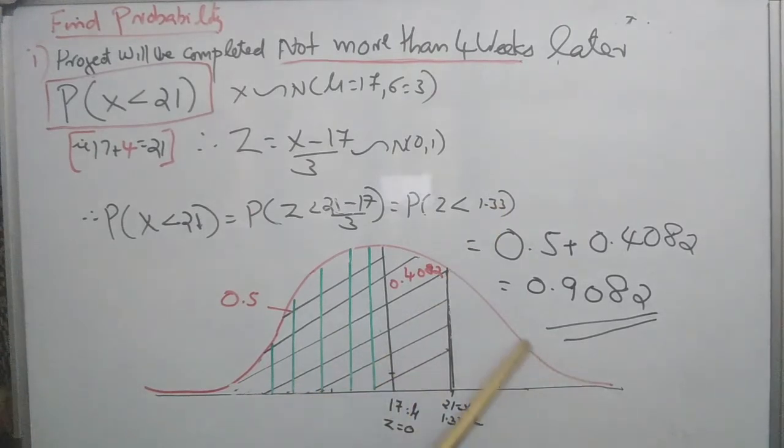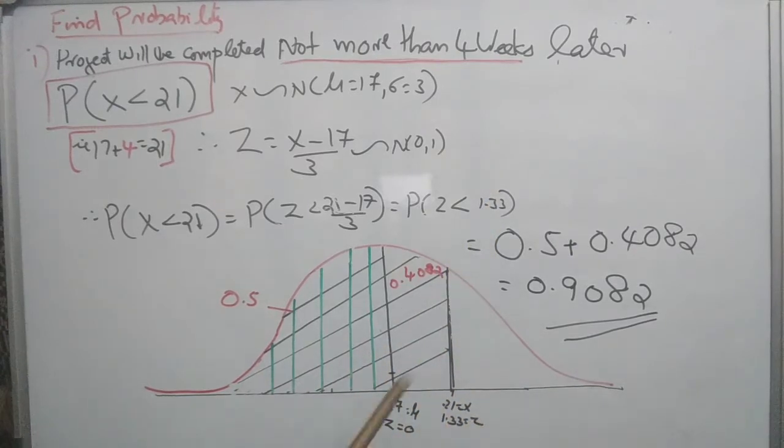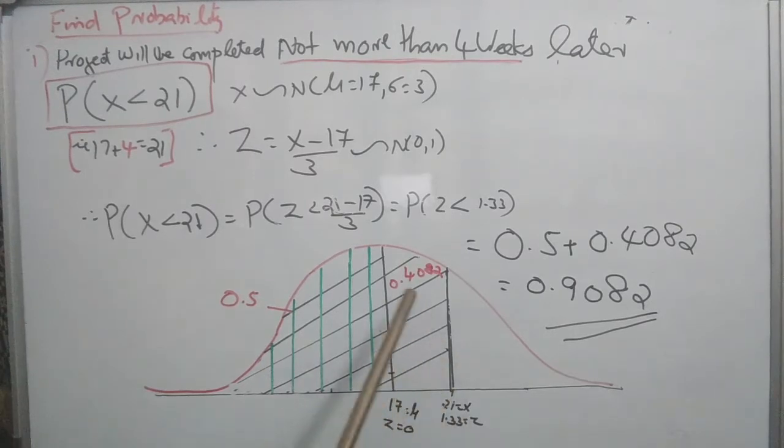Then we go for the standard normal curve. Z is 0, mu is 17 here. The required probability is X is 21. The corresponding Z is 1.33. So the required probability is the area to the left of 21, the shaded area. From tables, we get the area from 0 to 1.33. Using standard normal tables, we get the area from 0 to 1.33 as 0.4082.